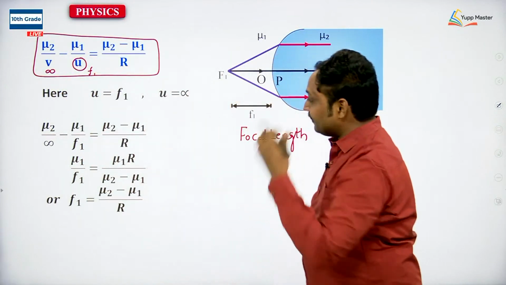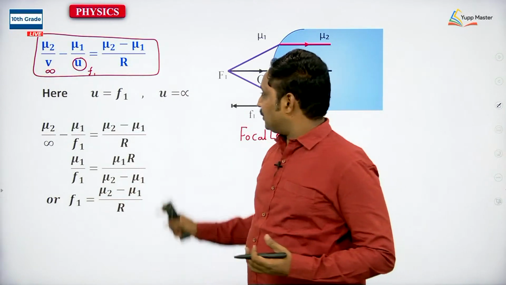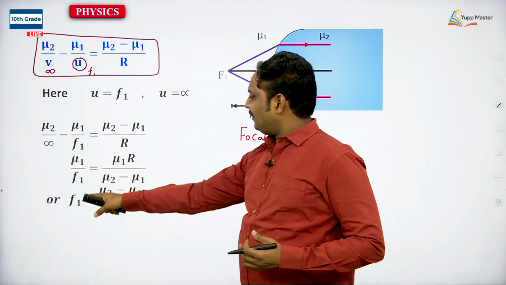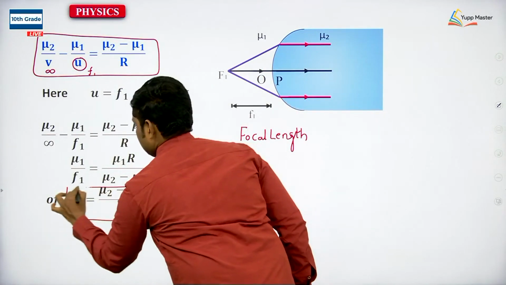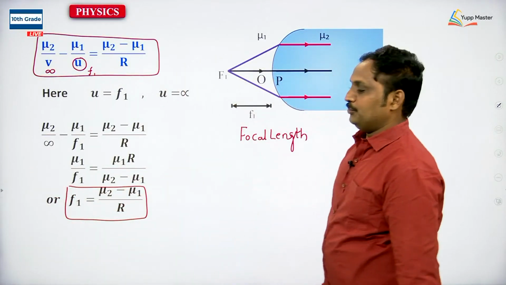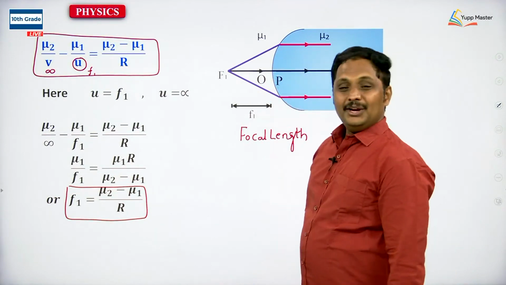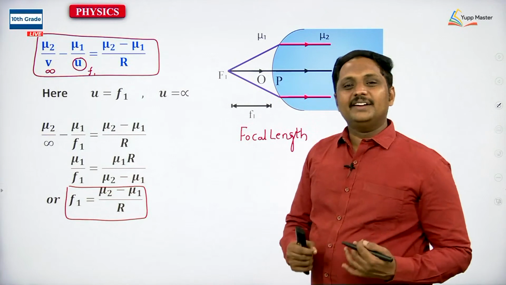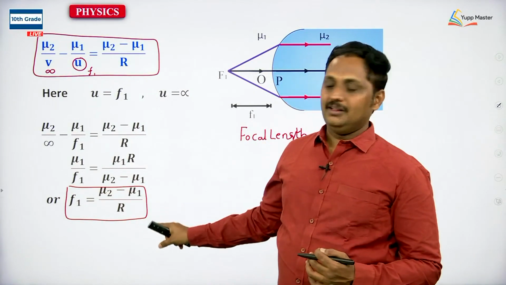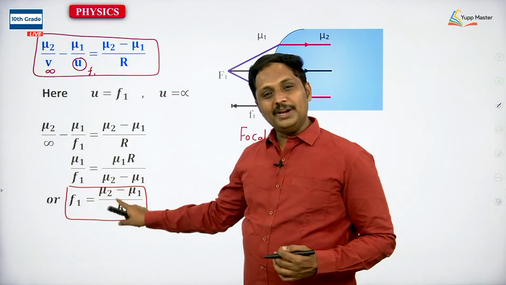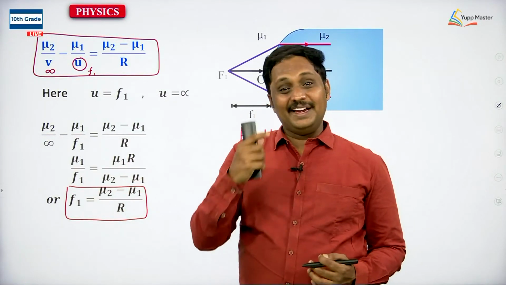After all these substitutions and further calculations, we get f1 is equal to mu 2 minus mu 1 by r, it is very clear. Now, the sign of f1 depends on the values of mu 1 and mu 2 and also the sign of the radius of curvature.